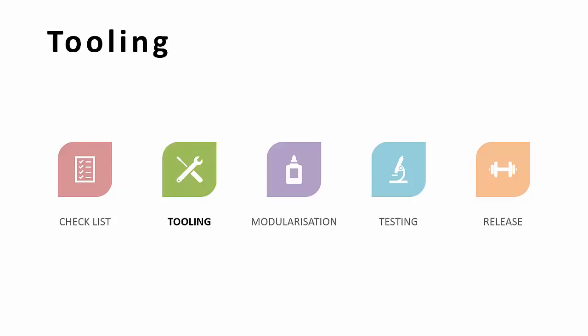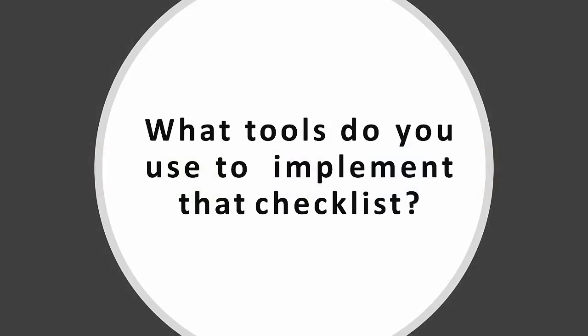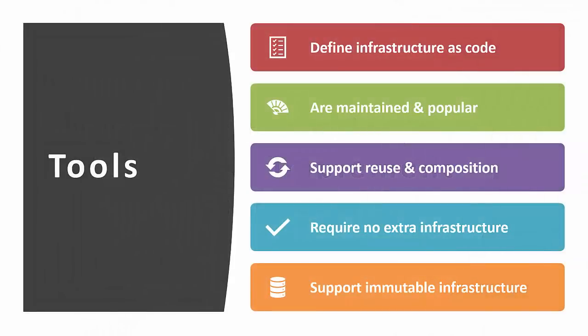Now, the second topic that we want to talk about is tooling. What are the tools that we use to implement all of these fantastic things that we've got in our checklist? Now, tools are a means to an end. We need to define the infrastructure that we're deploying. We need to make sure that everything we're using is going to be maintained and popular so that it's easy to get people that are used to working with these tools, can learn how to use them and get the documentation.